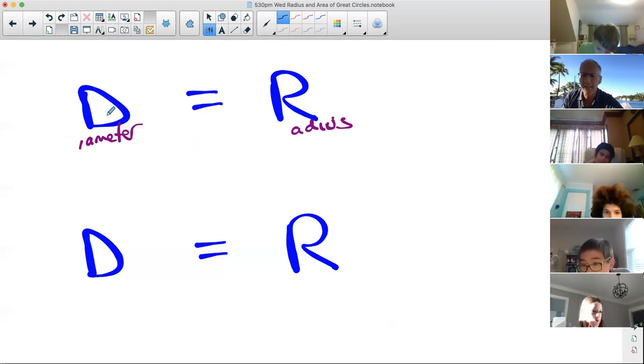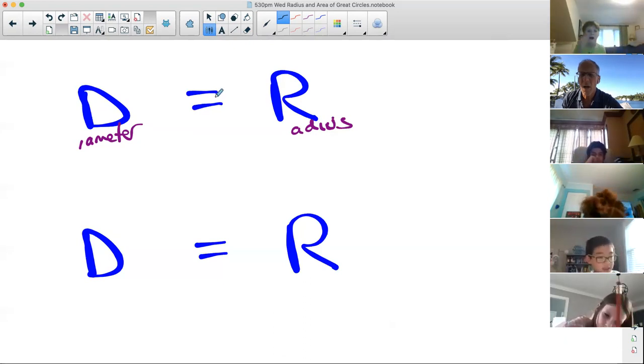How can you relate diameter and radius, Rafa? The diameter of a circle or a sphere is twice as much as the radius. So can you give it to me as an equation?